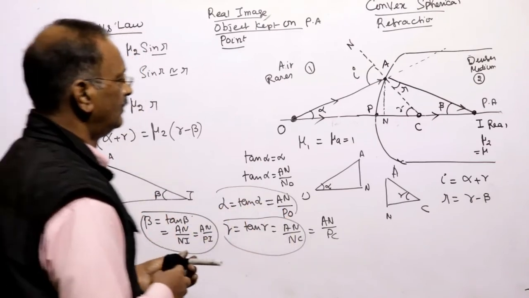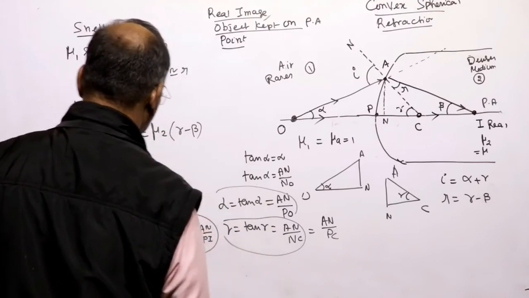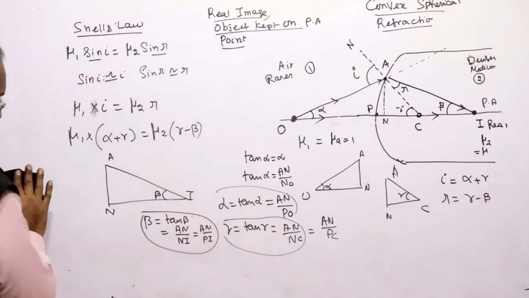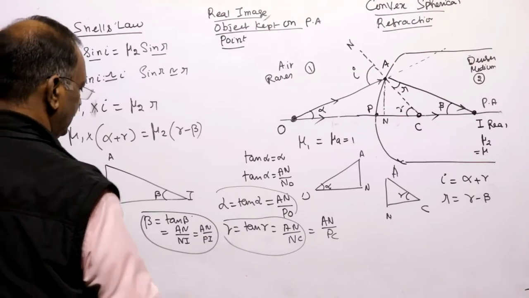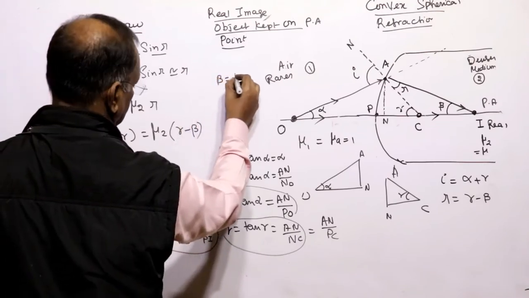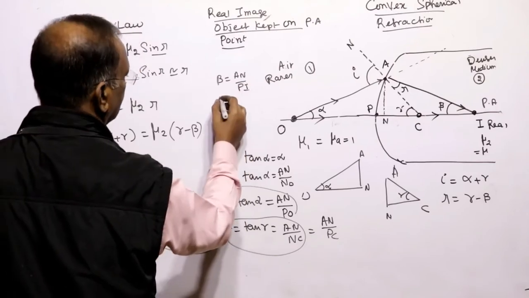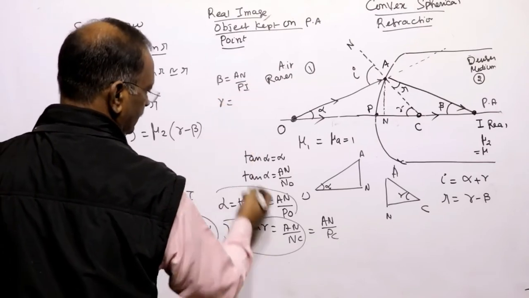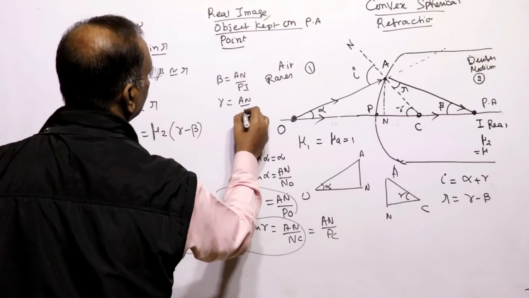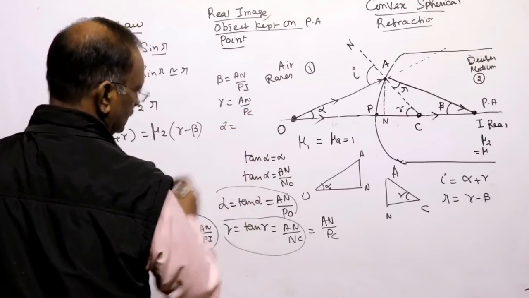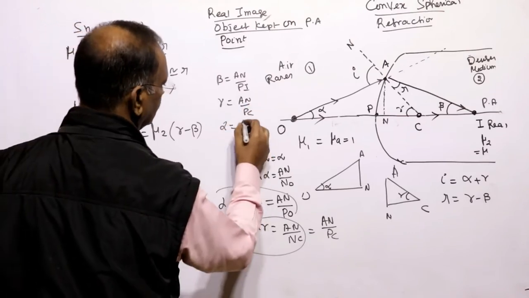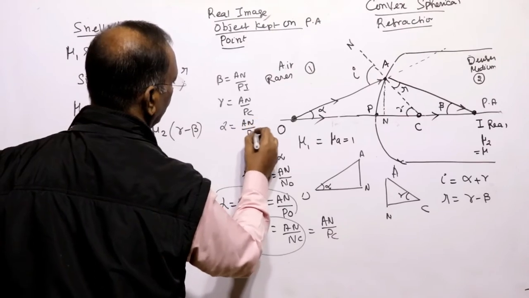So we can write the equation now like this. Beta is equal to AN by PI, gamma is equal to AN by PC, and alpha is equal to AN by PO.